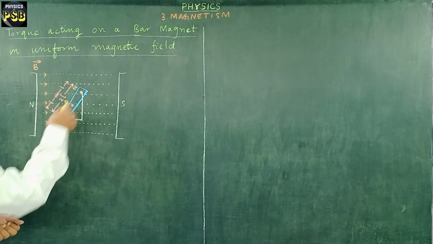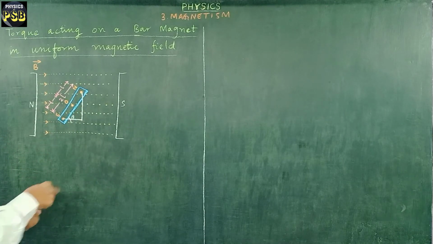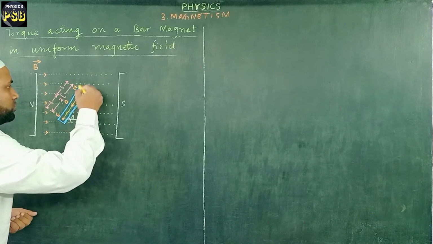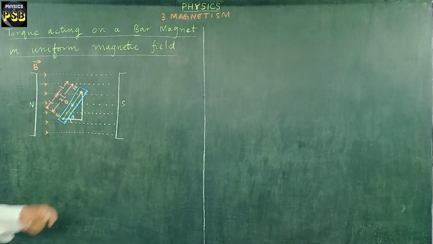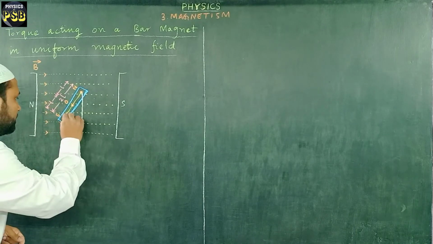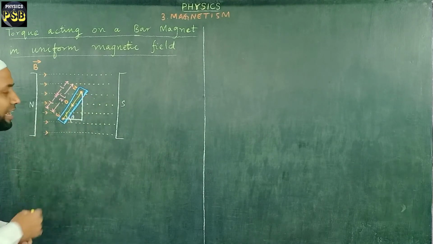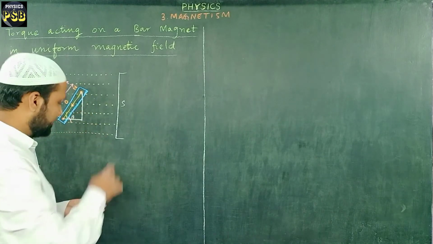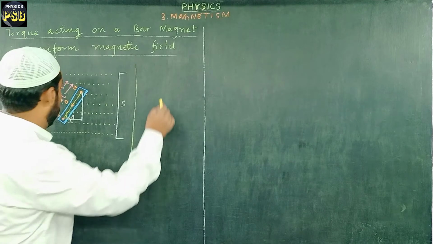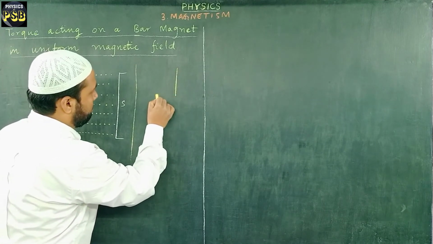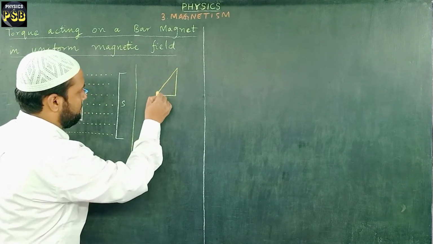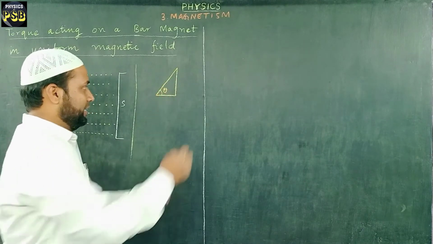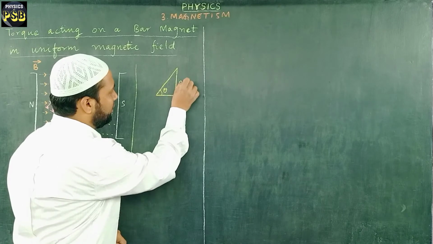Now, if you look at this carefully, let me join this too. If you look at this carefully, you find it is nothing but a right angled triangle. I draw this right angled triangle here. This is the angle theta. You know, the side which is opposite to the angle is referred to as the opposite side.